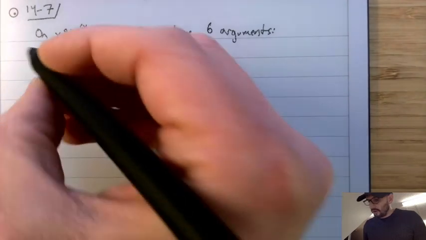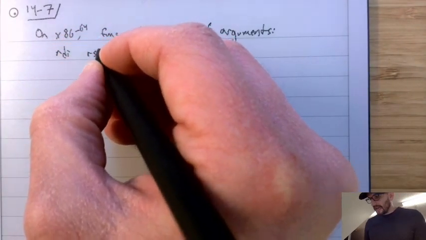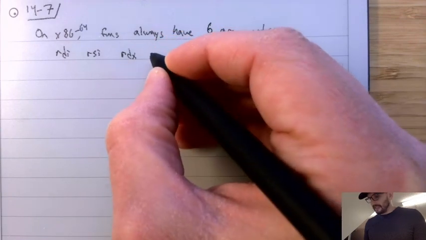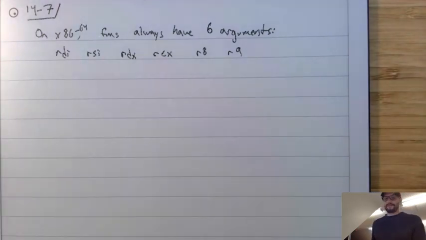Those arguments are always RDI, RSI, RDX, RCX, R8, and R9. You can't have a function that takes more than that.